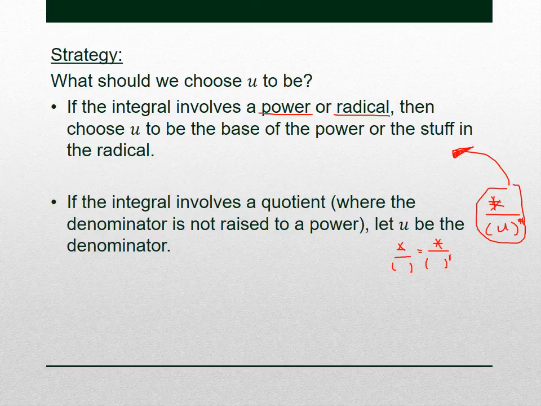In this case, you want to let u be that whole denominator. This example will always turn out to be a natural log, because we're going to end up taking the antiderivative of something like 1 over u.